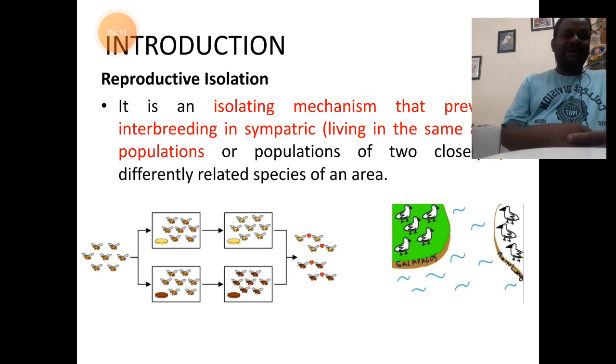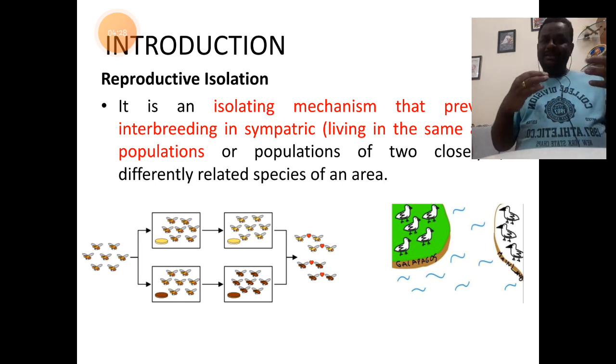Okay, the individuals of two populations living in the same area but that do not mate are called a sympatric population. So they remain in the same geographical area and they won't mate.